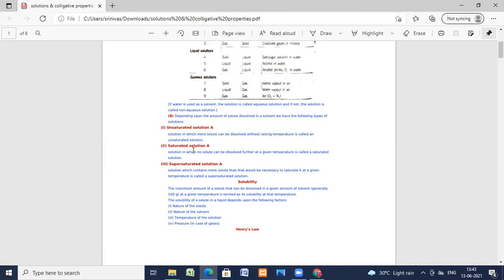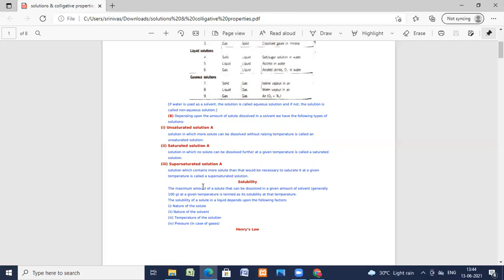And a saturated solution is the solution in which no more solute can be dissolved at a given temperature. Next, what is a supersaturated solution? A solution which contains more solute than is necessary to saturate it at a given temperature is called a supersaturated solution.